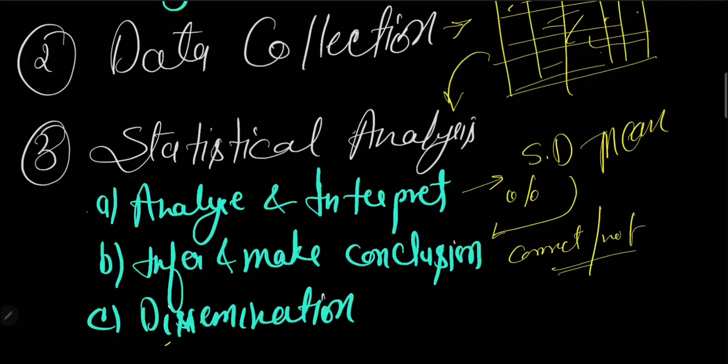It's simple. For example, we are measuring blood pressure. At the starting point, in the pre portion, the mean value is 140 by 100, and in the post we are getting 115 by 90.